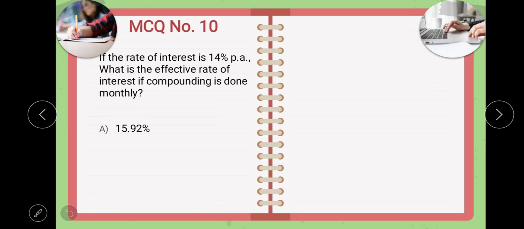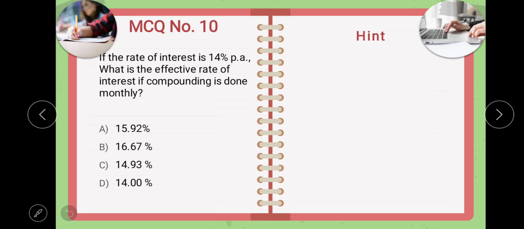The options are: option A 15.92%, option B 16.67%, option C 14.93%, option D 14%. So how do we identify the effective rate of interest?